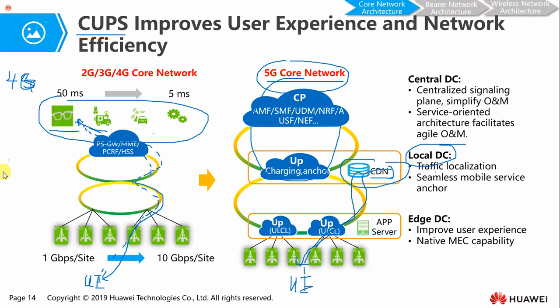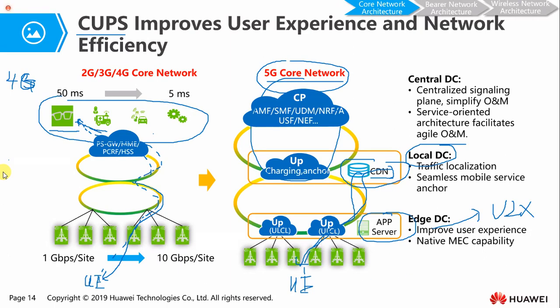And if you want to have another kind of application, the application layer server can be deployed near the base station, like V2X. You can deploy the server near the base station and access the server directly. Compared to this one, the access server is much nearer. It can reduce the delay.